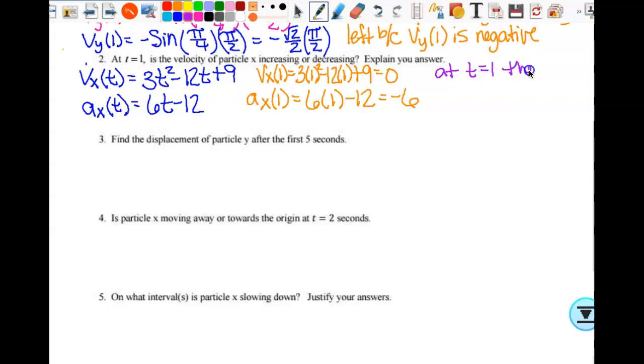So this means that at t equals 1, the velocity of particle x is what? Decreasing?